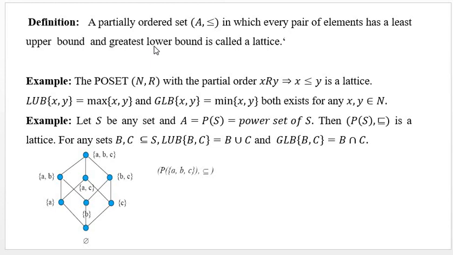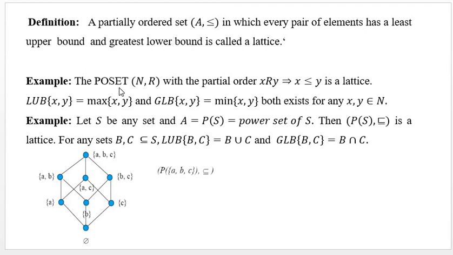The greatest lower bound corresponding to two elements x and y is denoted as GLB(x, y), and the least upper bound of two elements x and y is denoted as LUB(x, y).